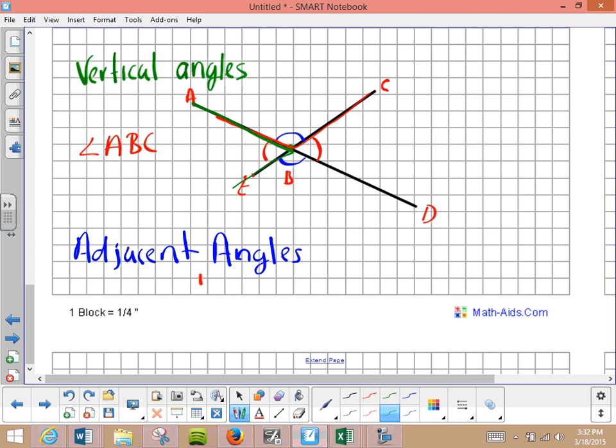So ABE will be an adjacent angle because it shares the same point, and it also shares one line in the middle. So whenever you're creating these, you just want to have something in the middle between the two angles. And that's pretty much it. CBD will be another one too, because it will share the vertex B, and you will have D.